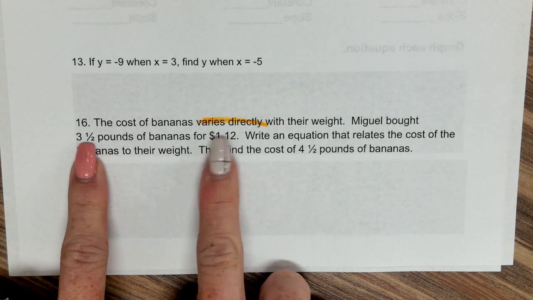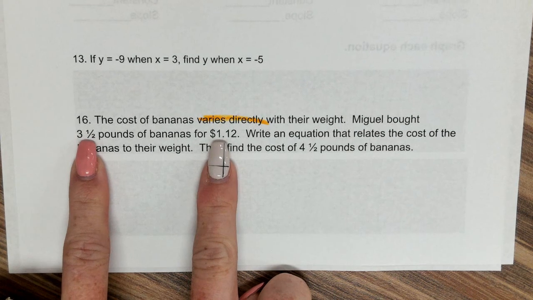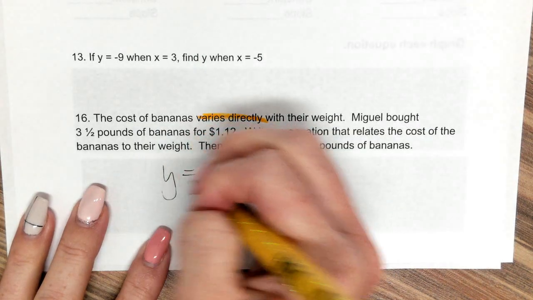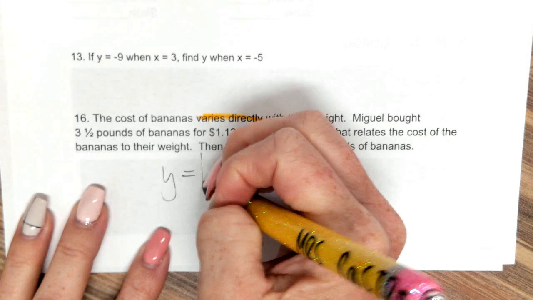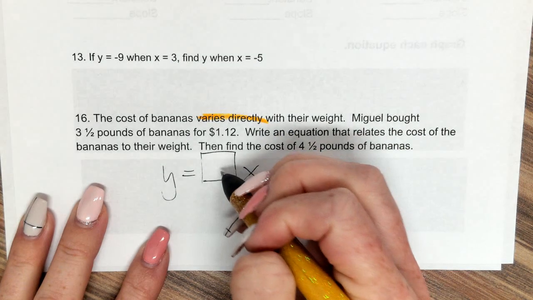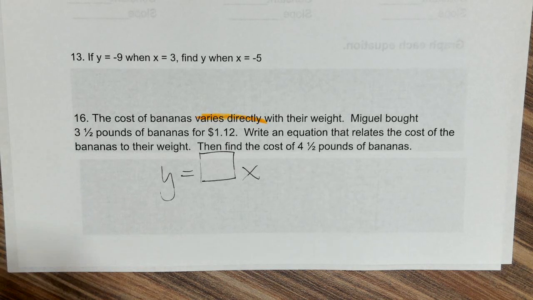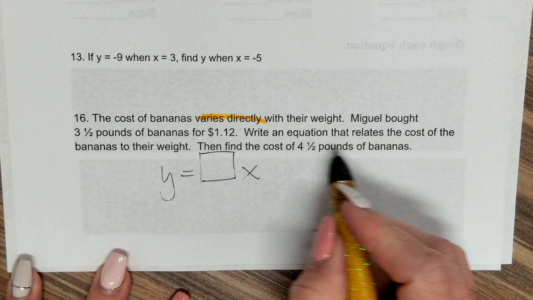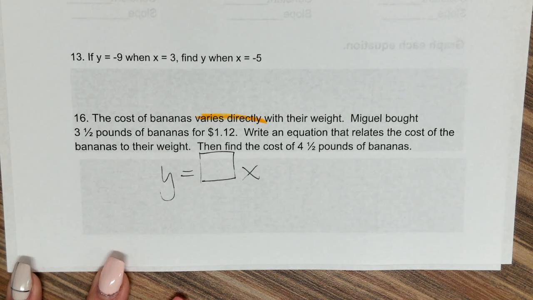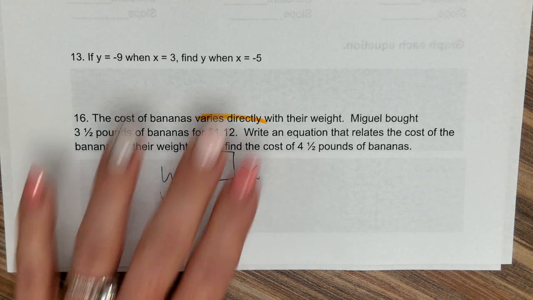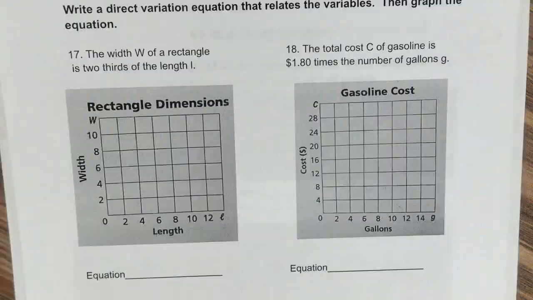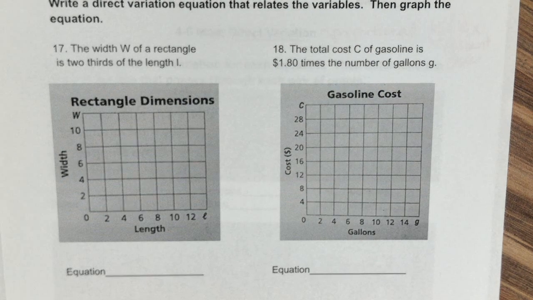Y over x. Then you can take that number to make the equation. So you're looking for y equals something times x. This is the number that you're going to get when you divide y over x. Then you can take that equation and you can solve for the cost of 4.5 pounds of bananas. So 2 answers, yes?